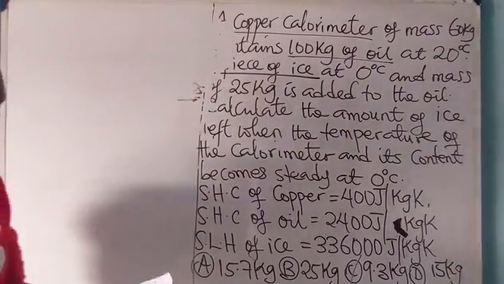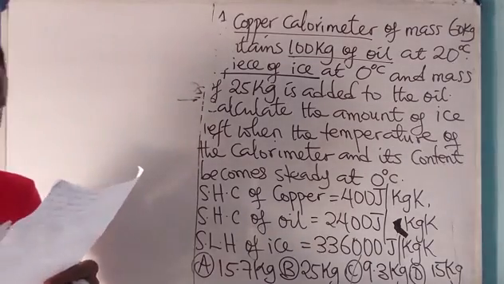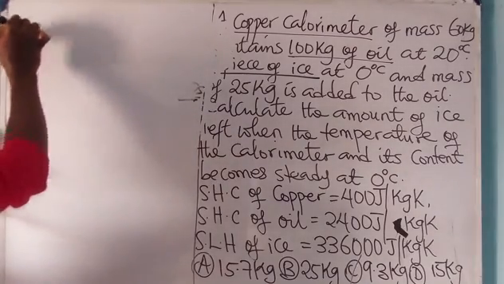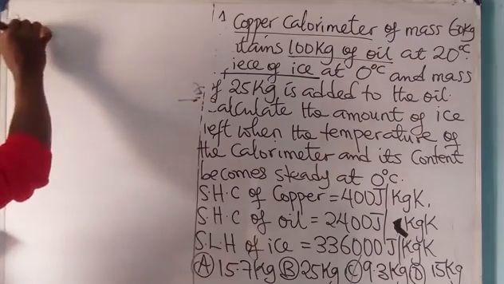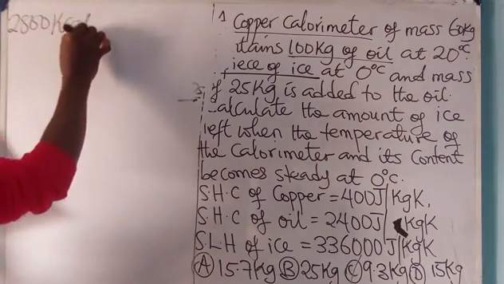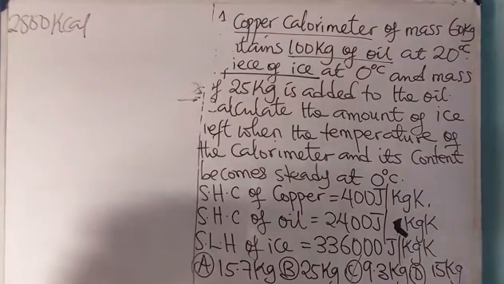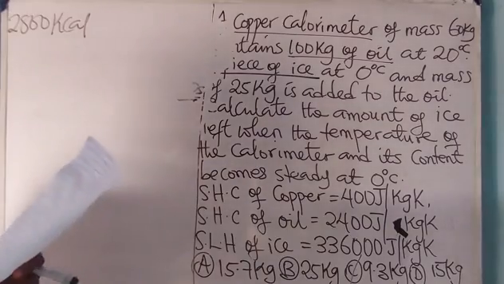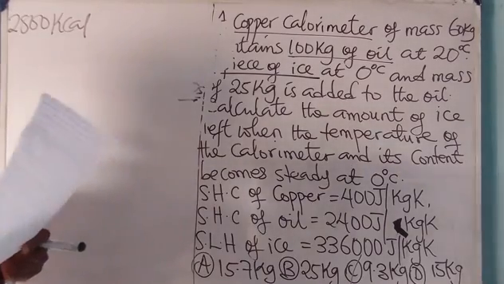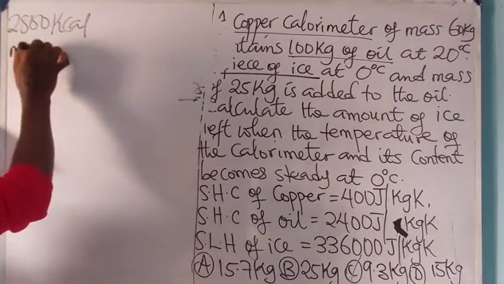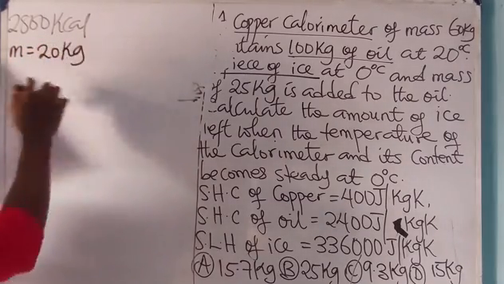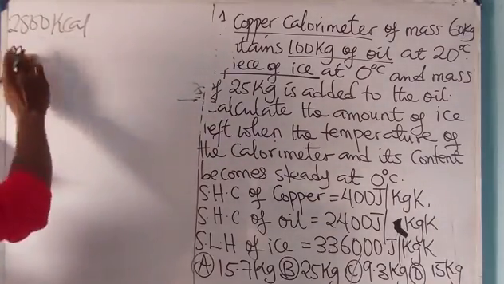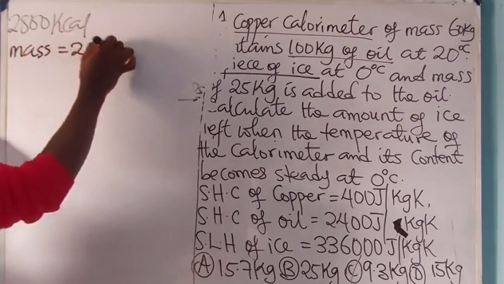Alright. Now they said a student eats a Thanksgiving dinner that totaled 2,800 kilocalorie. He wants to use up all the energy by lifting a 20 kilogram mass. Mass is 20 kilogram.